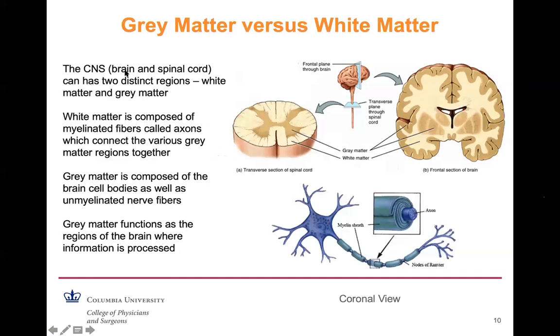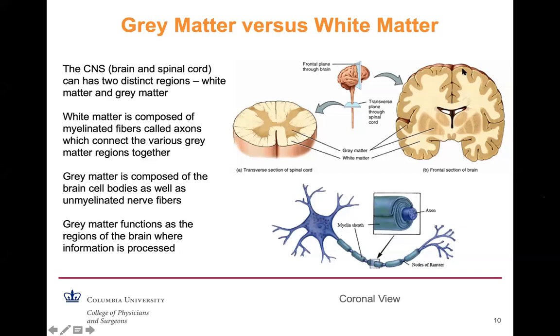So the brain, both the central nervous system and the peripheral nervous system, are distinguished by 2 distinct regions, called the white matter and the gray matter. If you look at this coronal section of the brain, you can see this dark brown area that lines the brain, this dark brown ribbon.